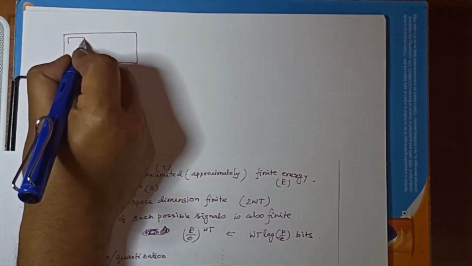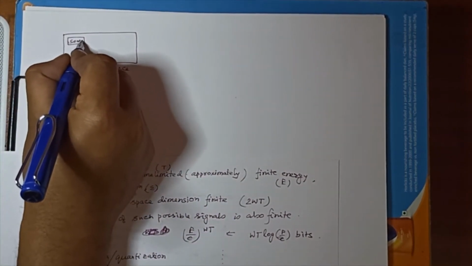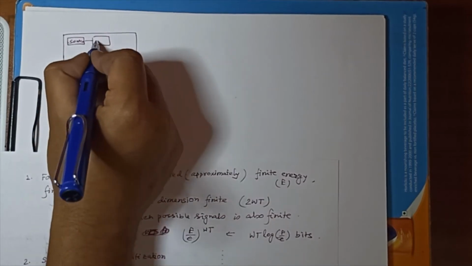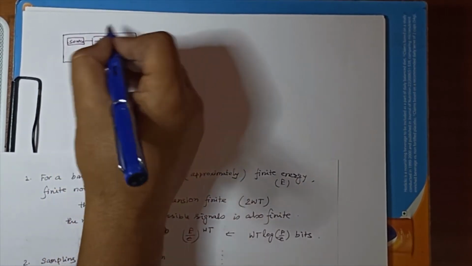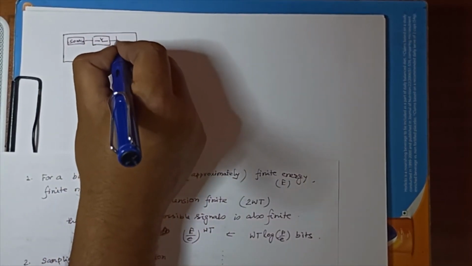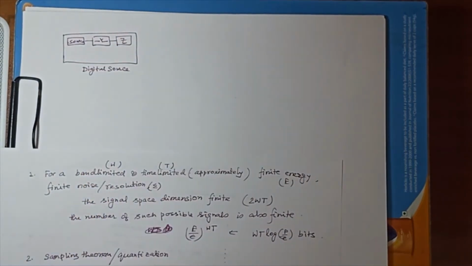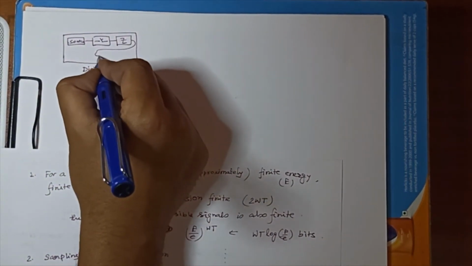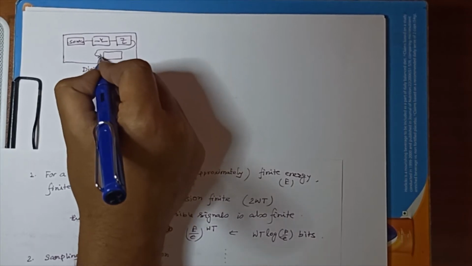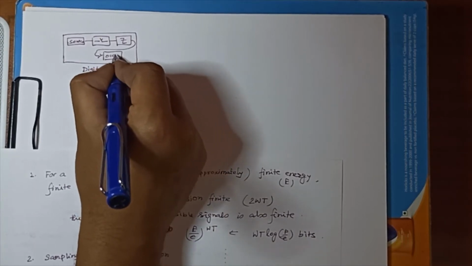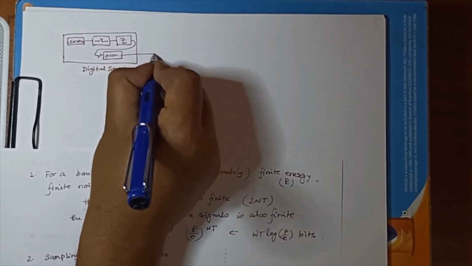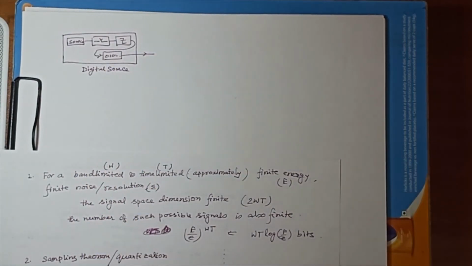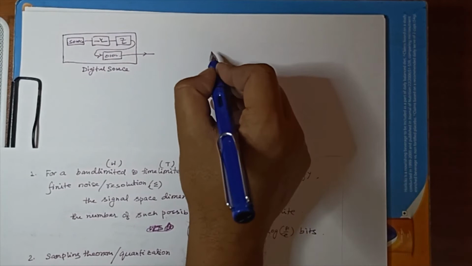First the original analog source, then sampling, then quantization I am drawing like this, and then encoding. Finally the output which is coming out is a digital output. It is a discrete time, discrete state encoded output, and there is a channel.